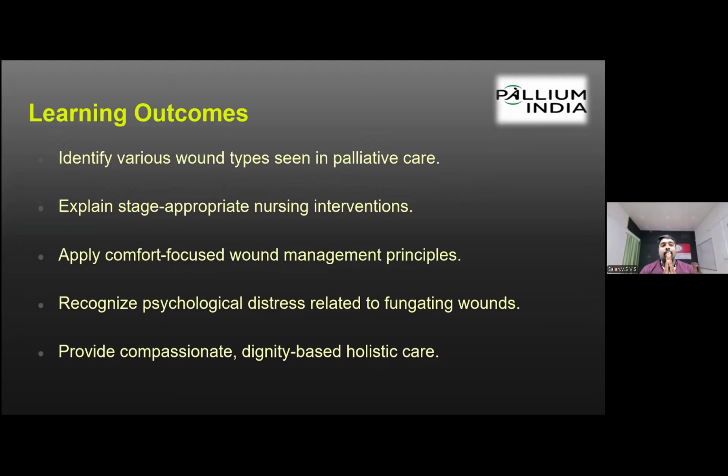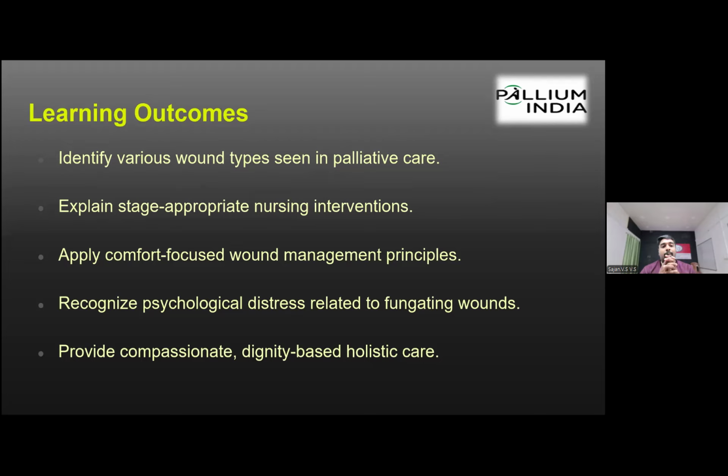Our main learning objective at the end of this session is that participants can identify the various types of wound seen in palliative care. One type of wound has stages, so they can explain the stages and the nursing interventions for the appropriate stages.